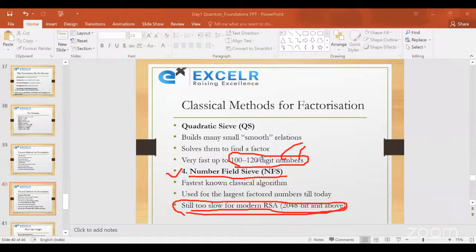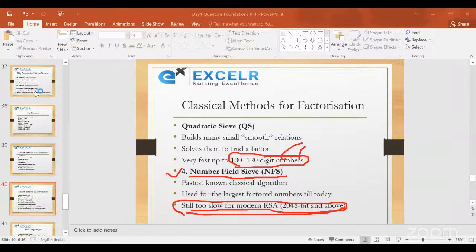So these are the four classical algorithm methods we have to date. Shor understood this problem very early, even before two newer classical algorithms came.